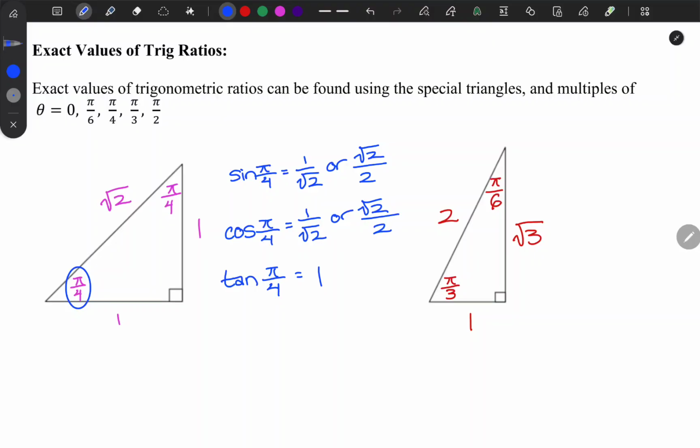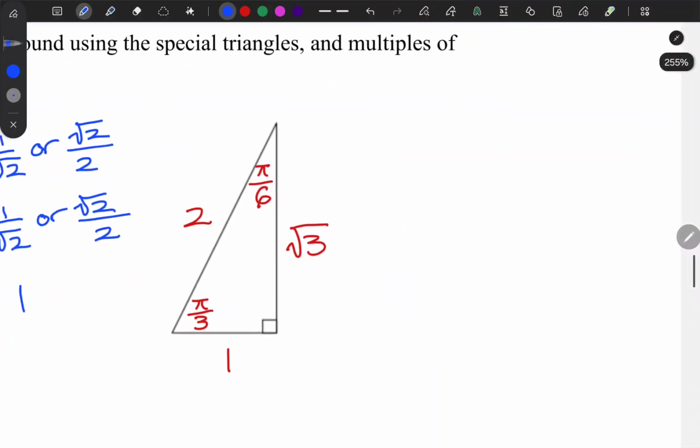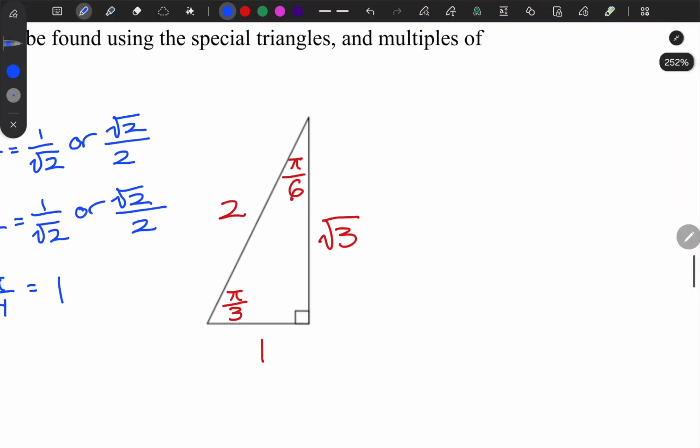We can do the same thing for our other angles. So let's go ahead and do this for pi over 3 and pi over 6. If you'd like to pause the video and try it yourself, you could do that. I'll start with pi over 6. Sine pi over 6. So pi over 6 is our reference angle. So in this case, this is our opposite. This is our adjacent. This is our hypotenuse.